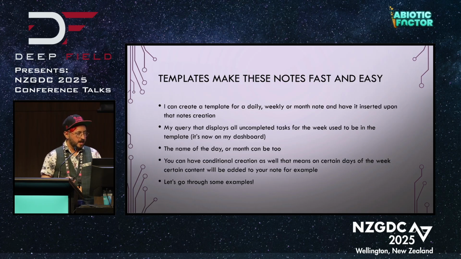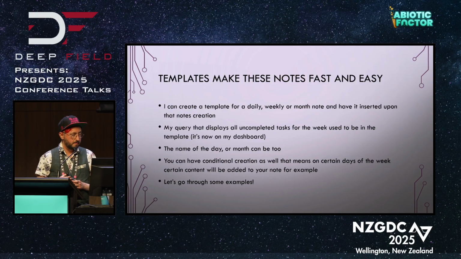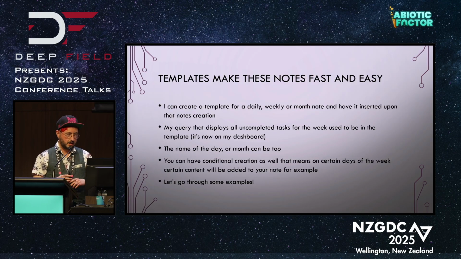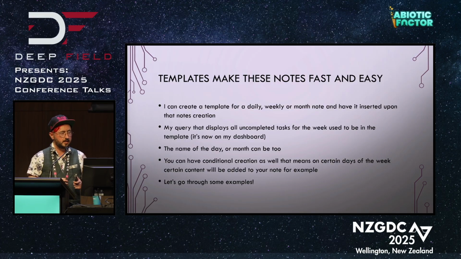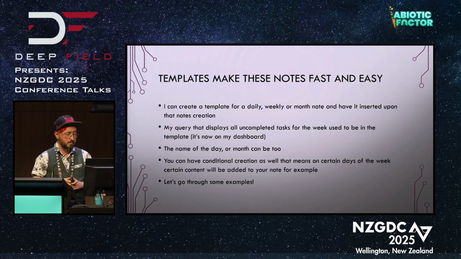But then I realized I could do stuff, like I could have the Tasks plugin and a query that would display everything I'd completed that day, every task that I'd ticked off, which is basically just a line with a tick box, classed as a task. And you can also have conditional creation. You can make it so that every Monday a task is in your note that says prepare for the week or something.